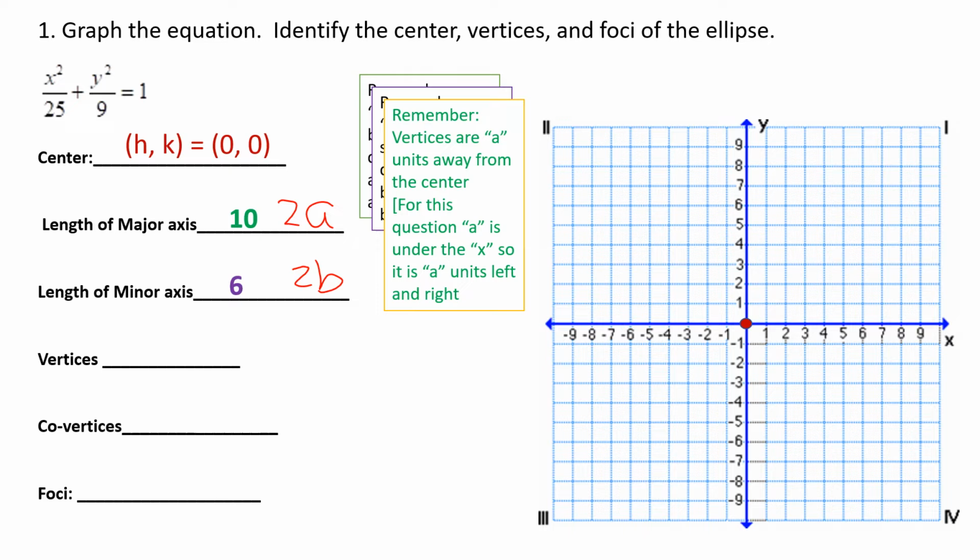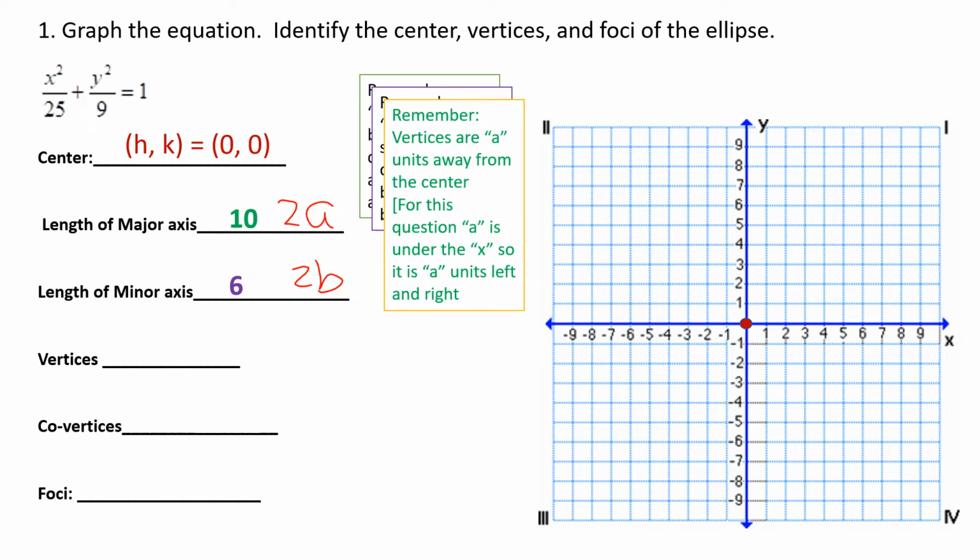Now, before I put the vertices on the graph, since the a squared here is under the x squared term, that means this is a horizontal ellipse. That means the major axis is horizontal. So the vertices are a units from the center.